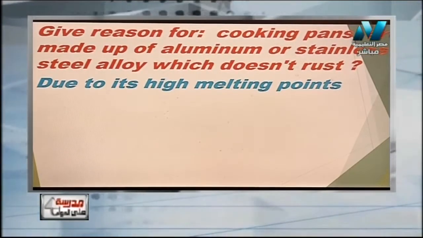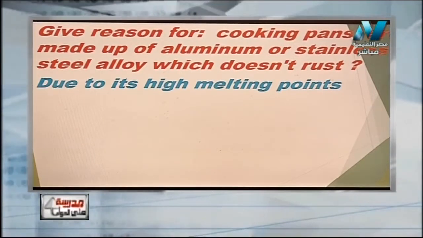Suppose that I made the cooking pots from plastic. What happened? Yes, it melts very fast. We can't manufacture cooking pots from plastic because it can't bear the temperature, it can't bear the heat. We need to heat food inside the pan. So we have to make the pan from, number 1, metal that has high melting point.